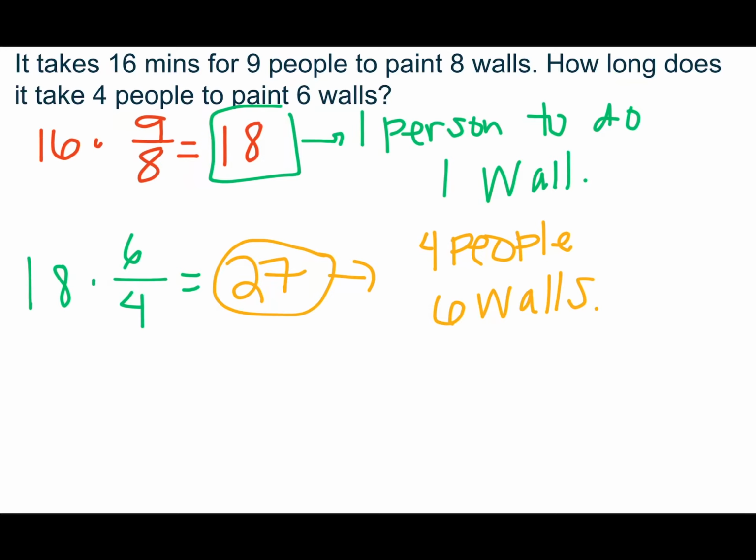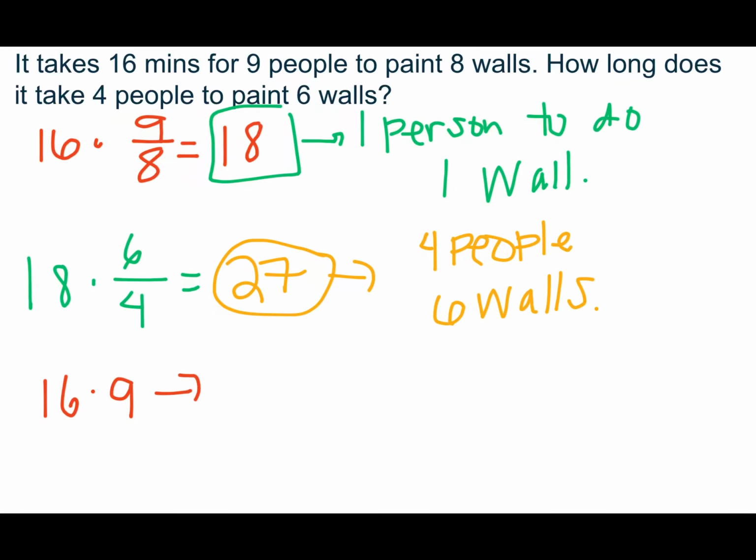So I just want to explain why we are multiplying by 9 over 8 and then multiplying by 6 over 4. When you think about the 9 over 8, since it takes 16 minutes for 9 people to paint 8 walls, let's take the 16 minutes and multiply by 9. That gives us how many minutes it takes just one person to paint 8 walls.